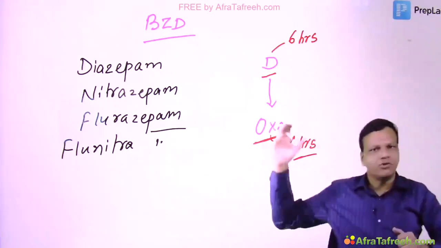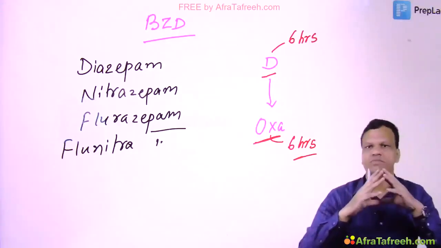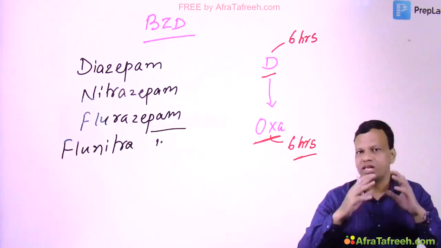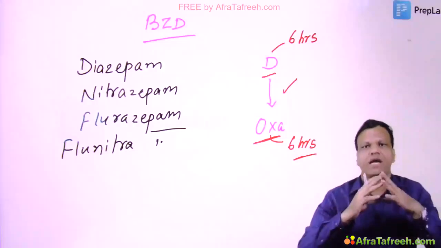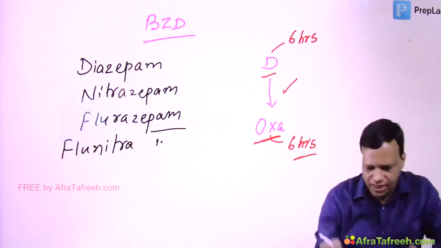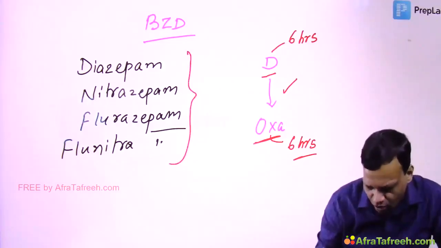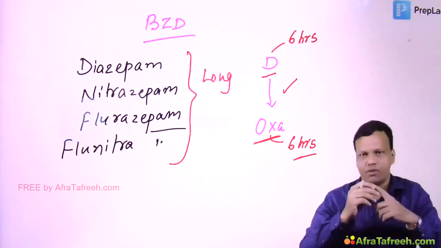The person will keep on sleeping till afternoon. Okay? So that is the problem with most of the benzodiazepines. They are very long acting, and the reason for the long action is that they produce active metabolites. So most benzodiazepines produce active metabolites, so they are very long acting. This is one problem.